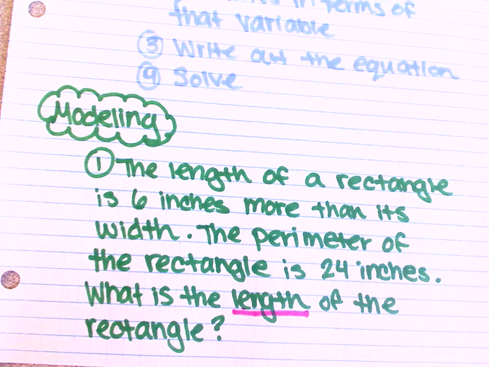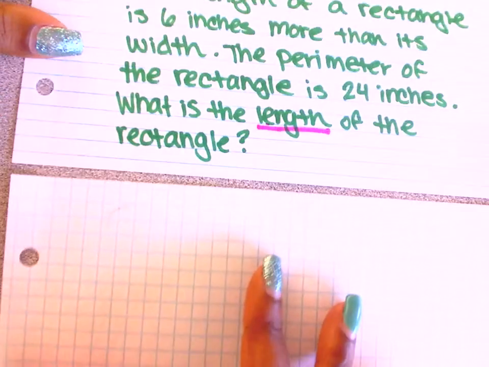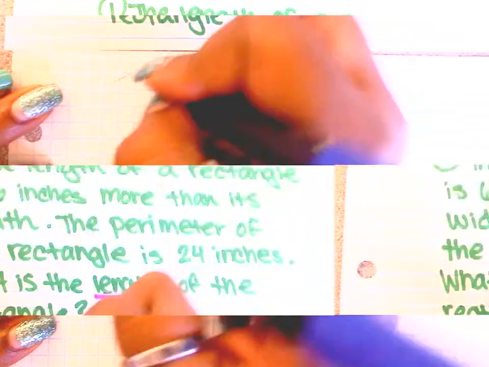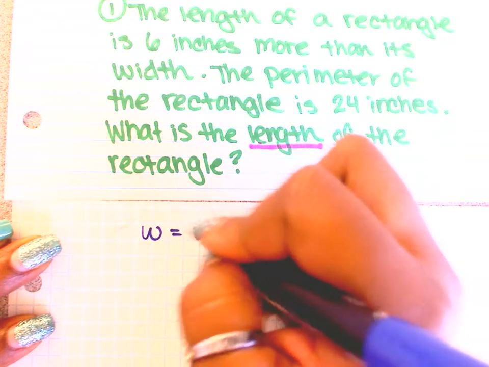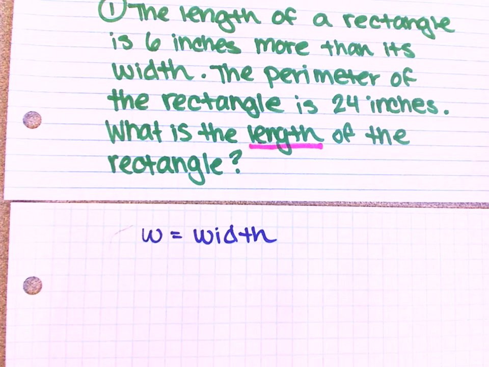Express the other unknown quantity or quantities in terms of that variable. So what I'm going to do is write down what my variables are going to represent. I already know I'm going to use W as my width. Write that down. We're going to make a little key. W is my width.